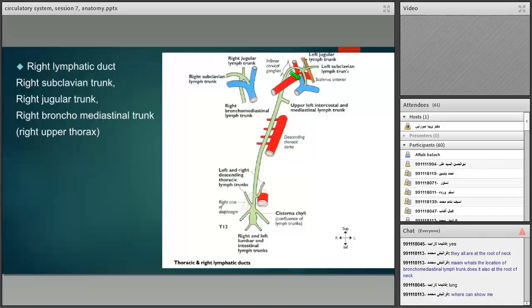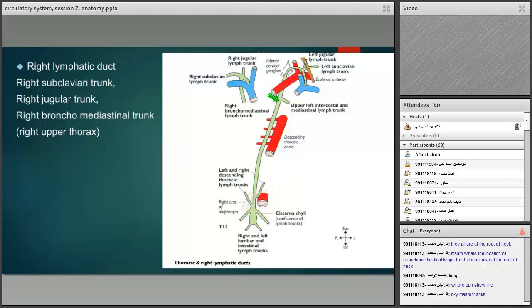Look at here. For example, here, upper left intercostal and mediastinal lymph trunks. Here we can see the mediastinal lymph trunks which are receiving the bronchomediastinal branches or lymph nodes. And they are draining the lymph into the thoracic duct.